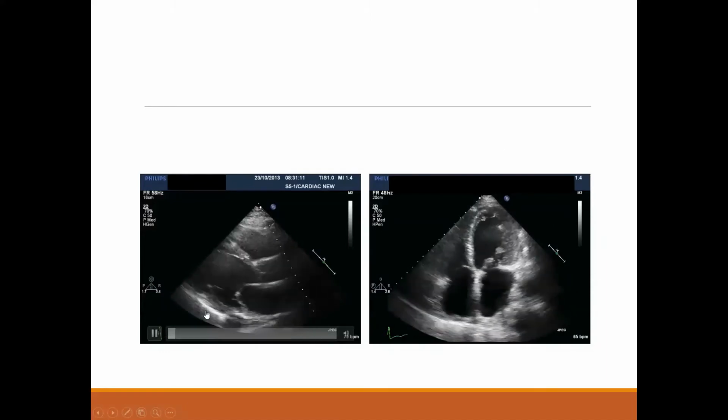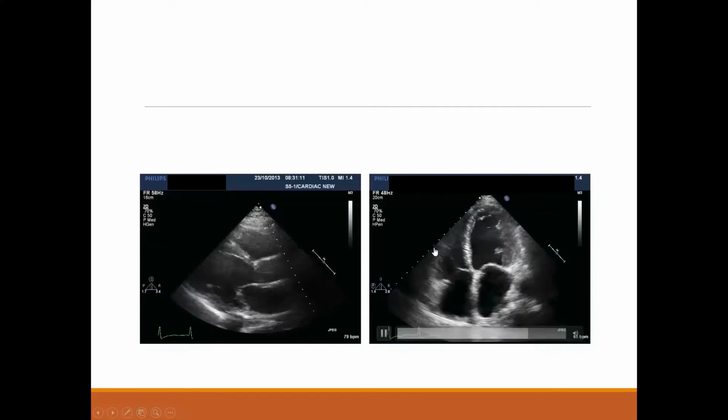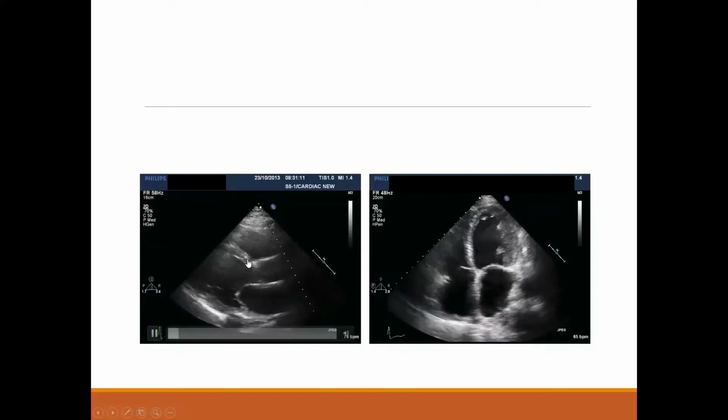Thinning out of the septum. The left optical septum. Sorry, again? If you can raise your voice.